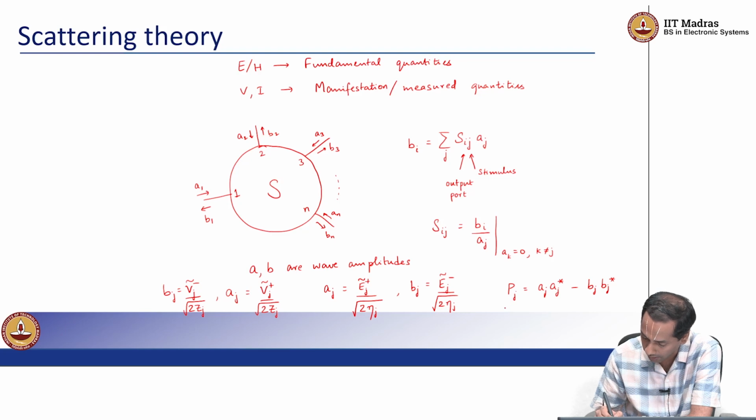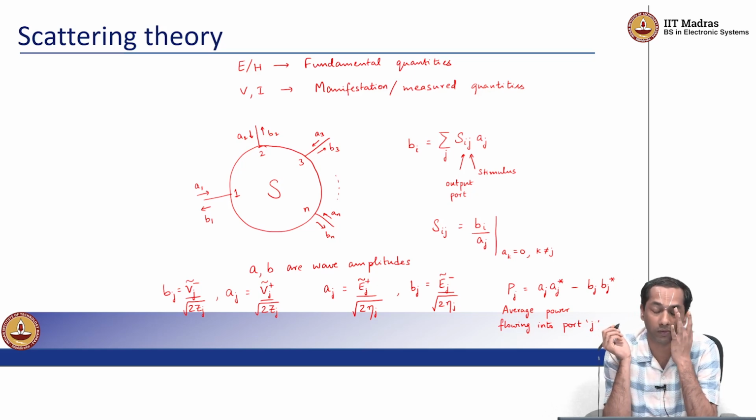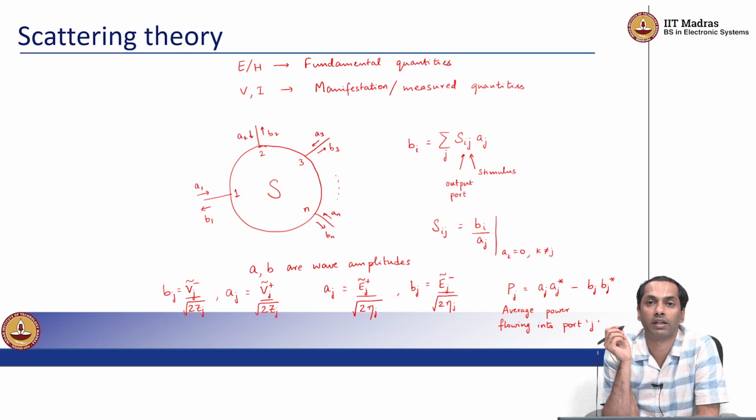So what is Pj? It is the average power flowing into port j. You can also verify this for a plane wave. You know that if I have an electric field of magnitude E naught, the average power flow is 1/2 E squared by eta.